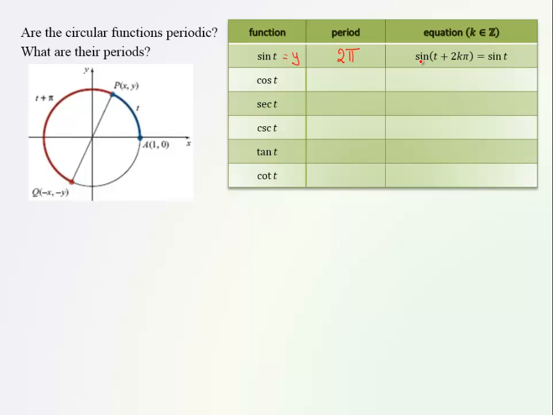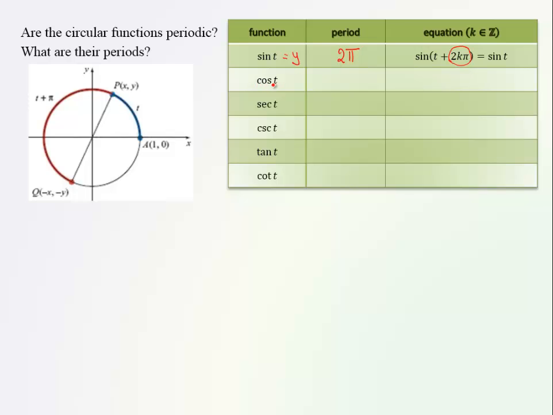And we can say that sine of any value t plus any multiple of 2 pi, which could be recorded as 2k pi where k is an integer, has the same value as the original sine of t. So that would mean that this 2k pi for any k really makes this sine periodic. And the smallest such number is when k is equal 1, so it's just 2 pi. So we're talking about the smallest positive number that will create a period. That's why it's 2 pi.